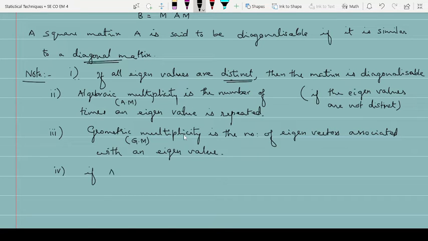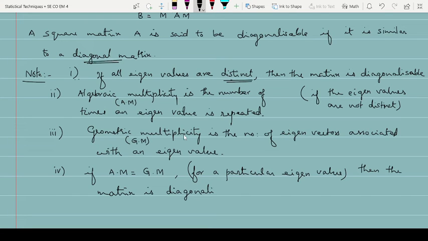Now, if AM is equal to GM, means if algebraic multiplicity equals geometric multiplicity for a particular eigenvalue, then we can say the matrix is diagonalizable. This is what we are going to do.